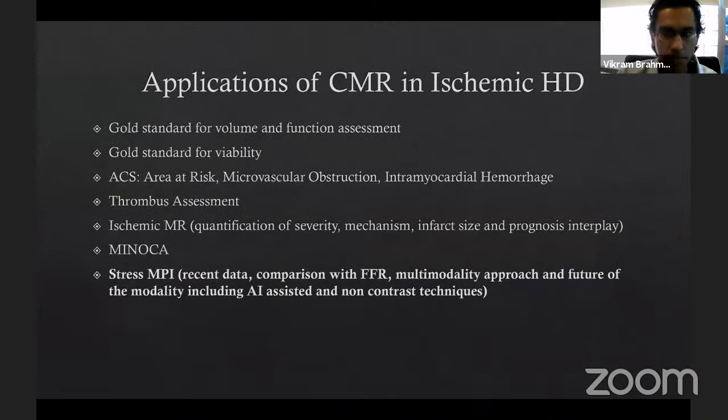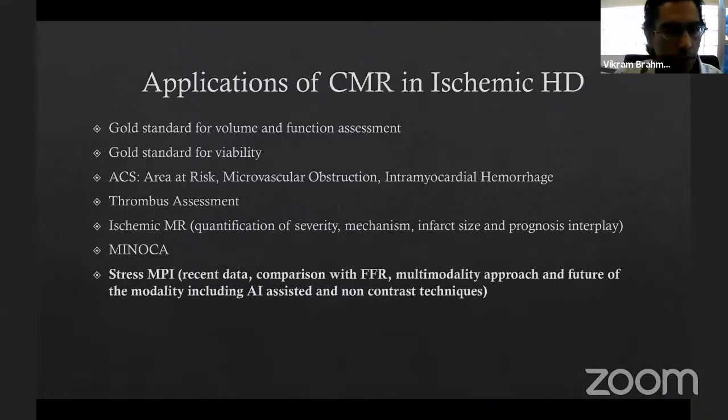And just as a quick review, in terms of MRI in general, outside of just stress testing, we're able to get quite a bit of information. It's really the gold standard for assessing ventricular function, and I would also say the gold standard for viability assessment.